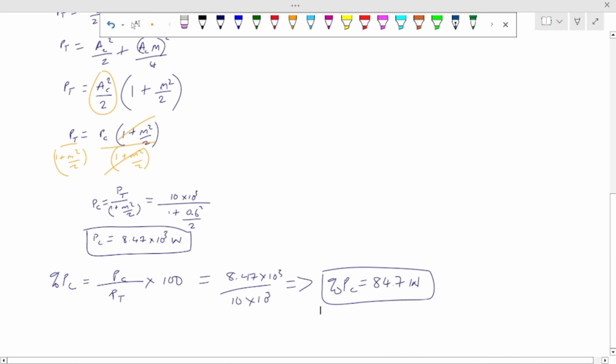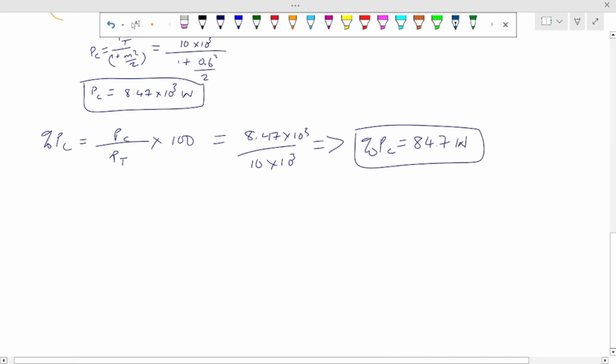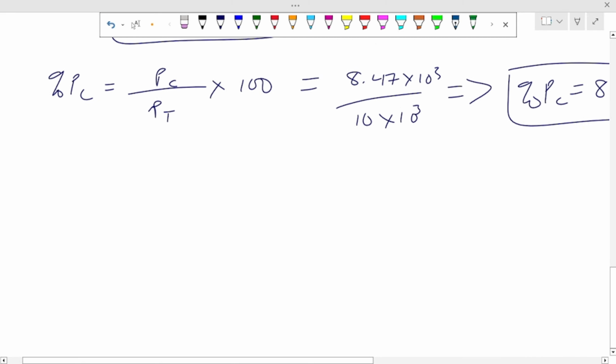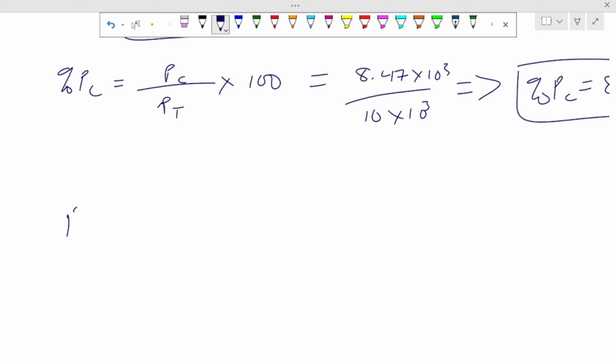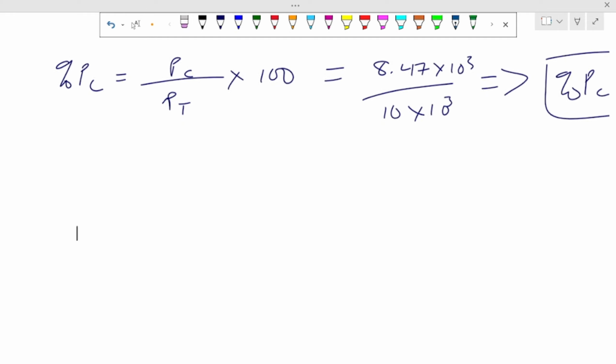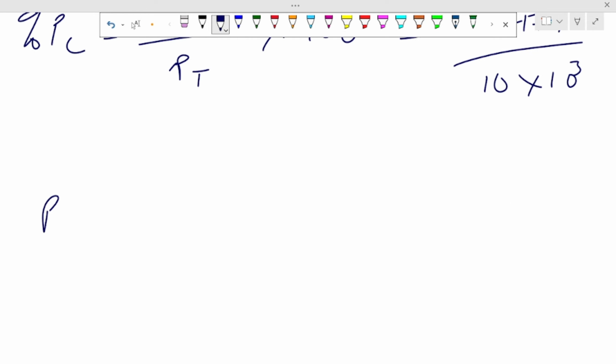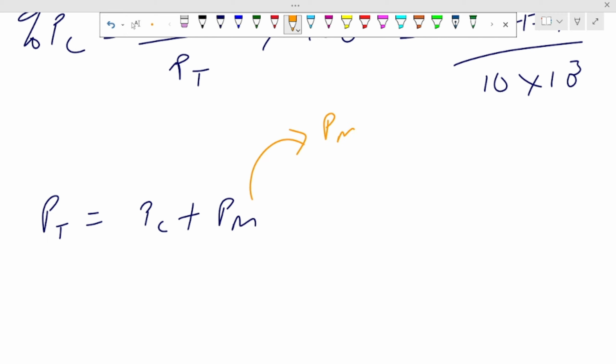So already we have the formula that total power is this for the carrier and then for the message. Remember that the message signal is made up of the two sidebands, left and then right.